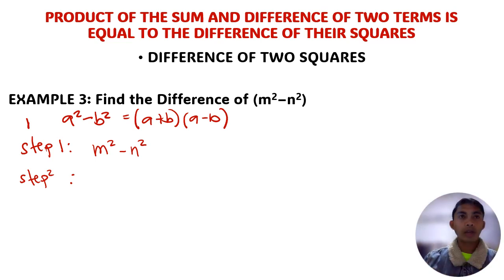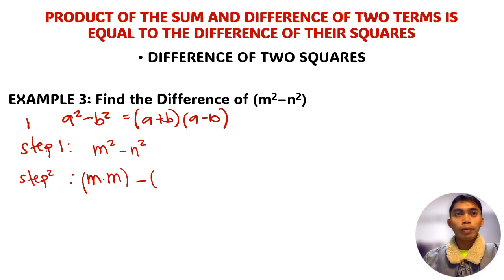We all know that the square root of m squared is m, which is m times m, minus the square root of n squared, which is n, or n times n.